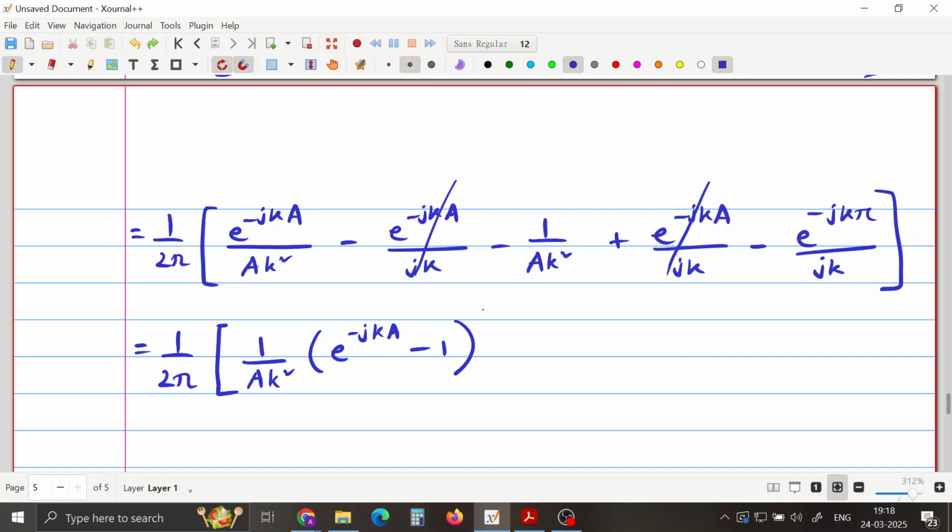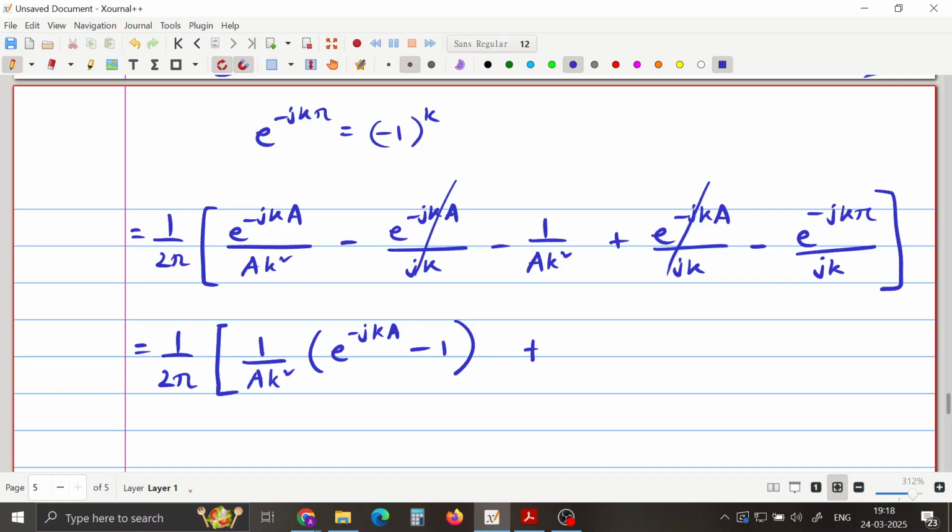And what I'll be left with is this term on the rightmost end, e power minus jk pi divided by jk, and I can actually write e power minus jk pi as minus 1 to the power k.